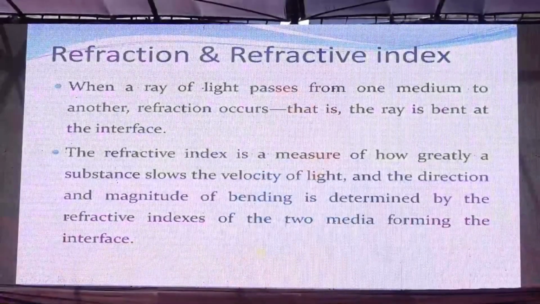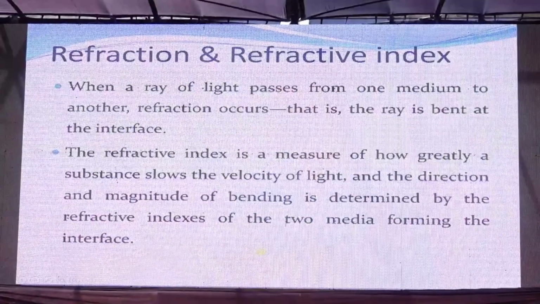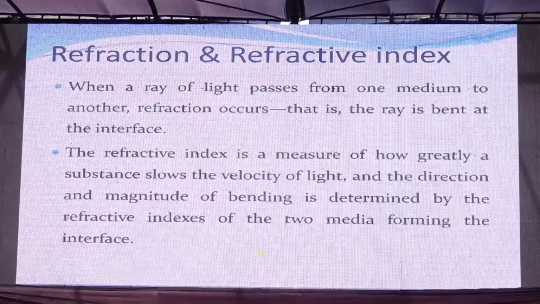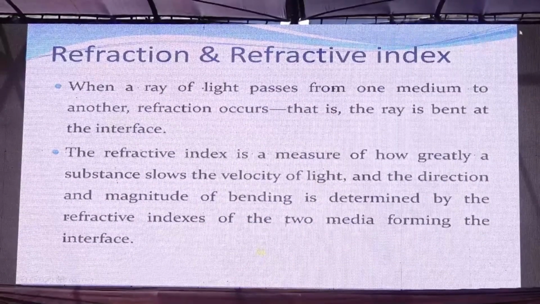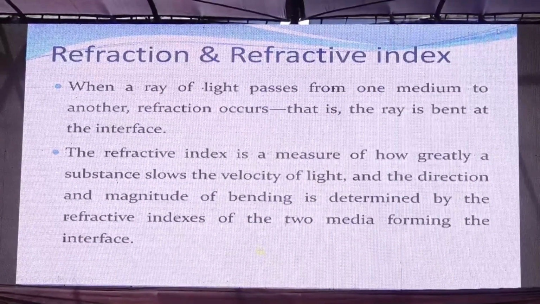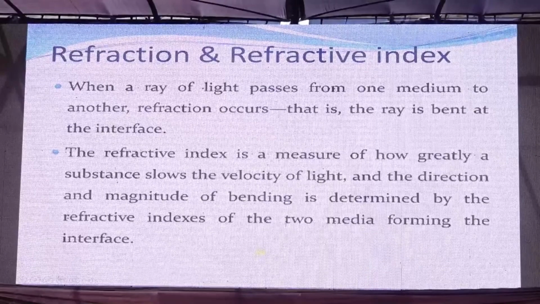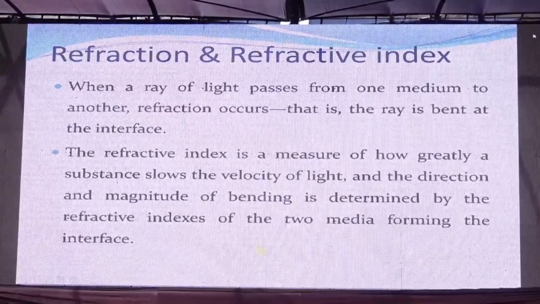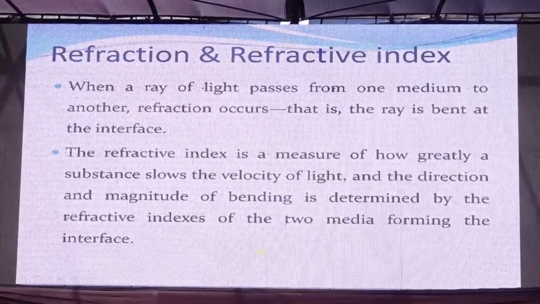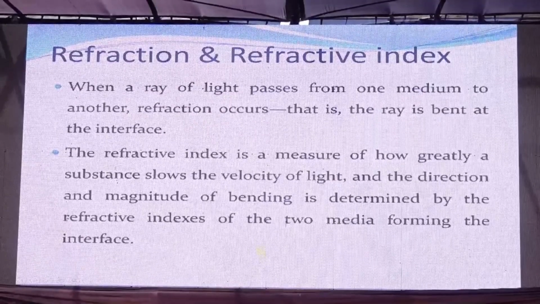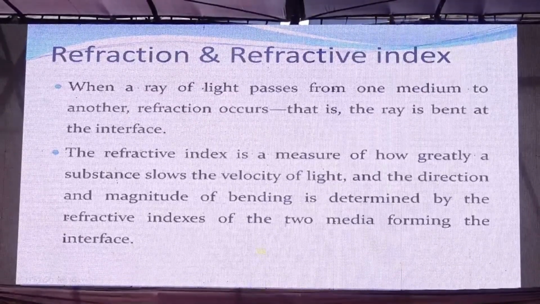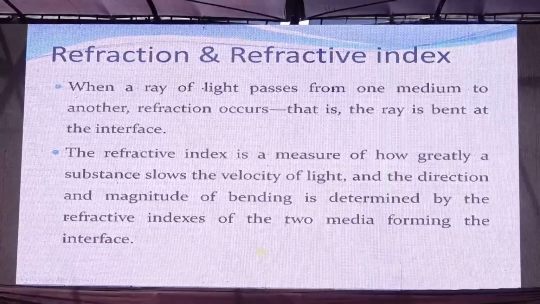The refractive index is a measure of how greatly a substance slows the velocity of light and the direction and magnitude of bending by the medium. Air has a refractive index of 1, glass has a refractive index of 1.3.